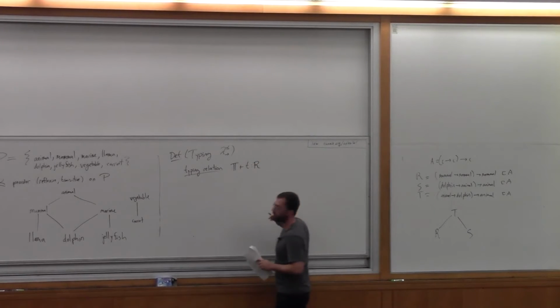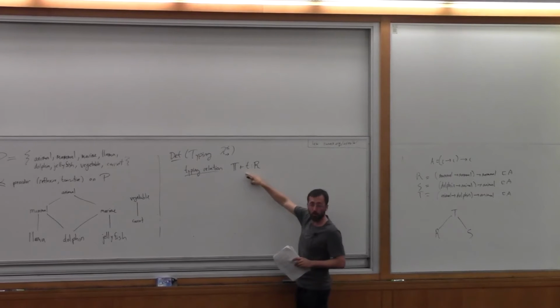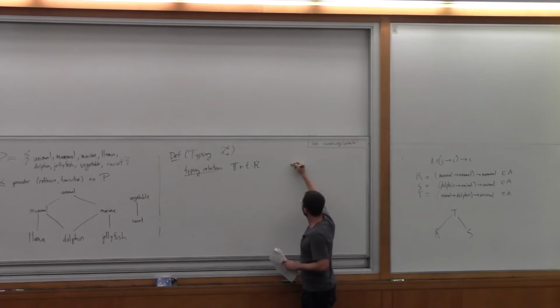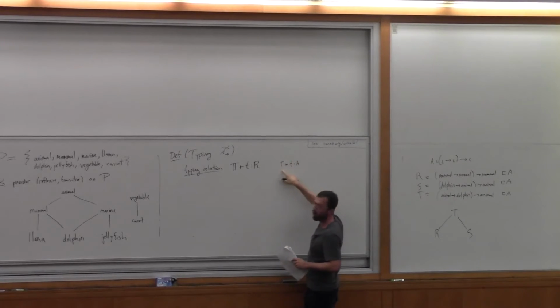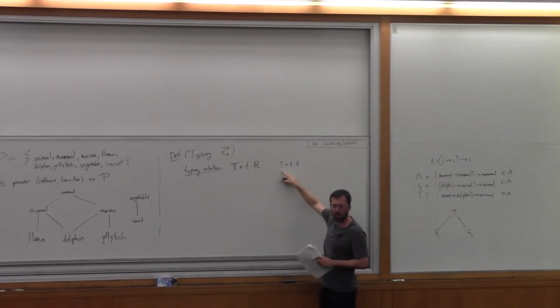It's going to look like this. So T is a term of type A with some context of free variables gamma, with some types which are mentioned in gamma.